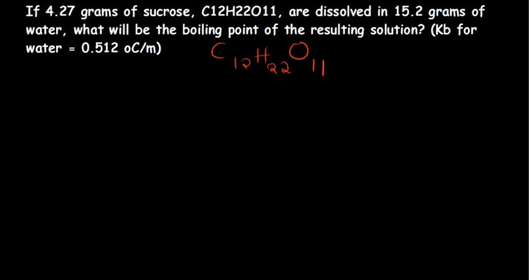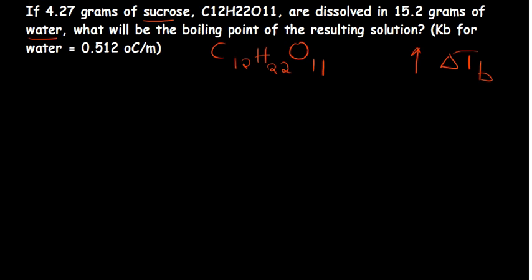Of course we understand that boiling point elevation is the increase in the boiling point. So knowing that we have sucrose dissolved in water tells us that we're going to add the two. Knowing that the solvent in this case was water, the new boiling point is going to be the boiling point of water, which is 100 degrees Celsius, plus the new one to be calculated. Okay, so let's see what we can do.